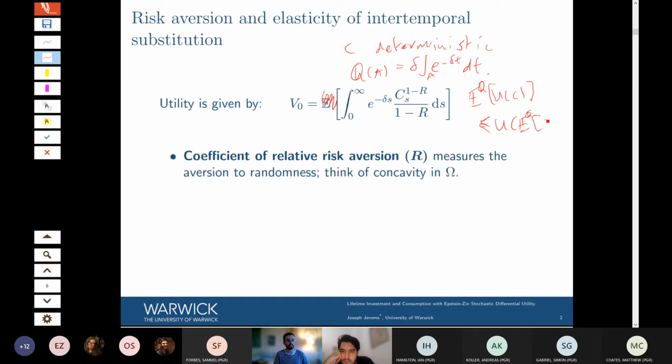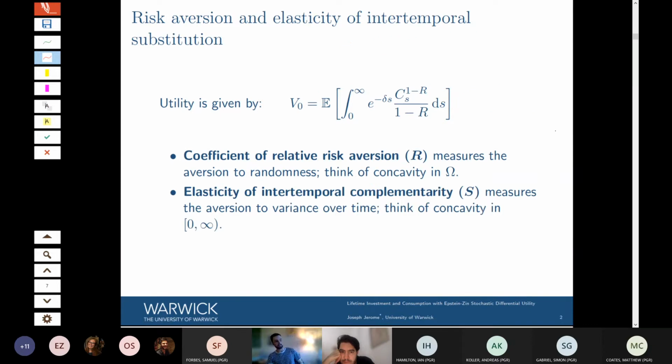So what this is saying is we've got no risk here at all, but this coefficient of relative risk aversion is actually controlling our temporal preferences as well. This is called, by the economists, a slightly horrible name, the elasticity of intertemporal complementarity, S. And essentially that is saying that we prefer our consumption to be more spread out, and we don't want to consume in clumps.